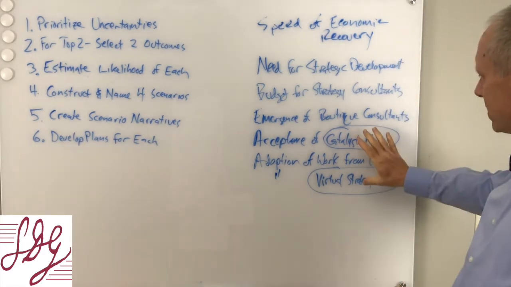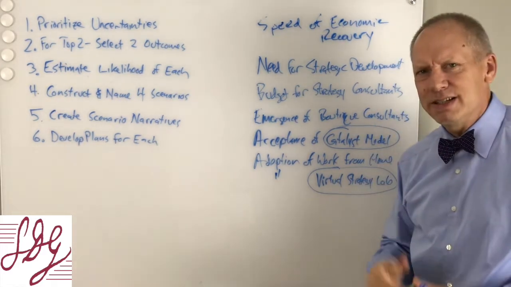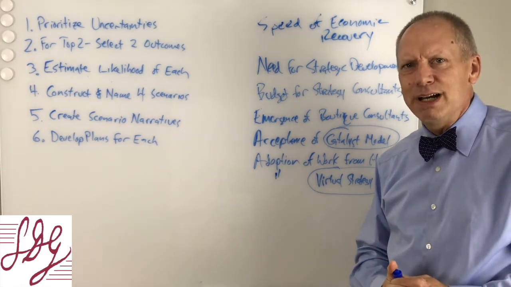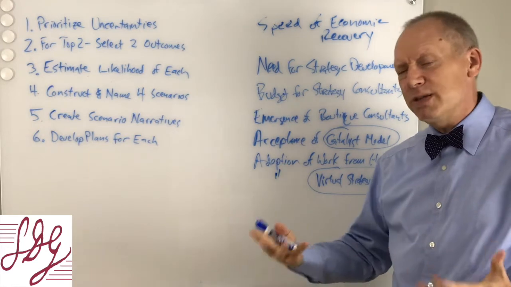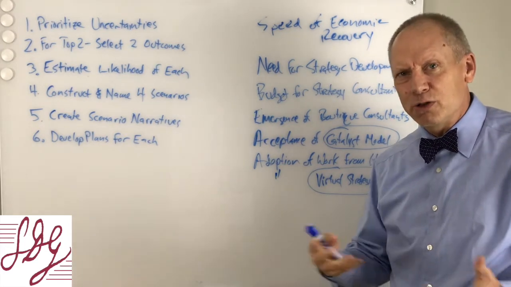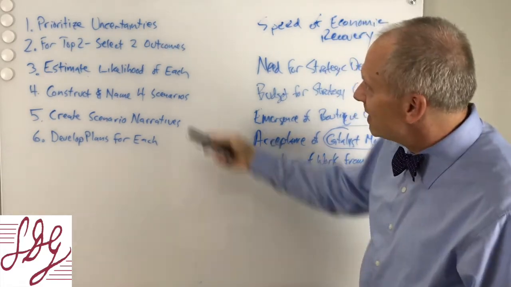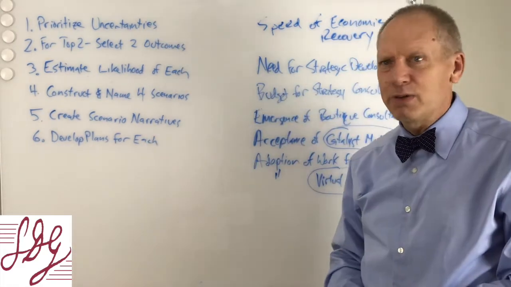So I'm going to focus on these 2 uncertainties as the 2 that are really going to shape the future of my company, and therefore that's what I'm going to use to create the scenarios that we're going to work with. So I'm going to leave this list up here because we're going to continue to reference it.